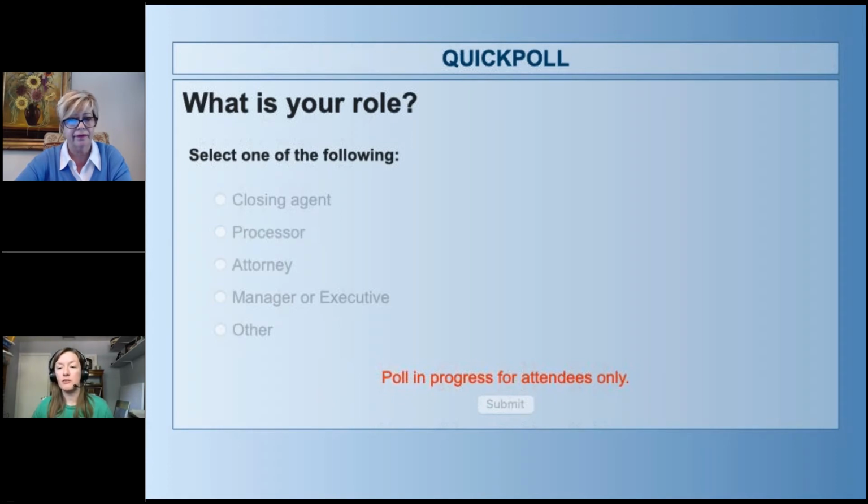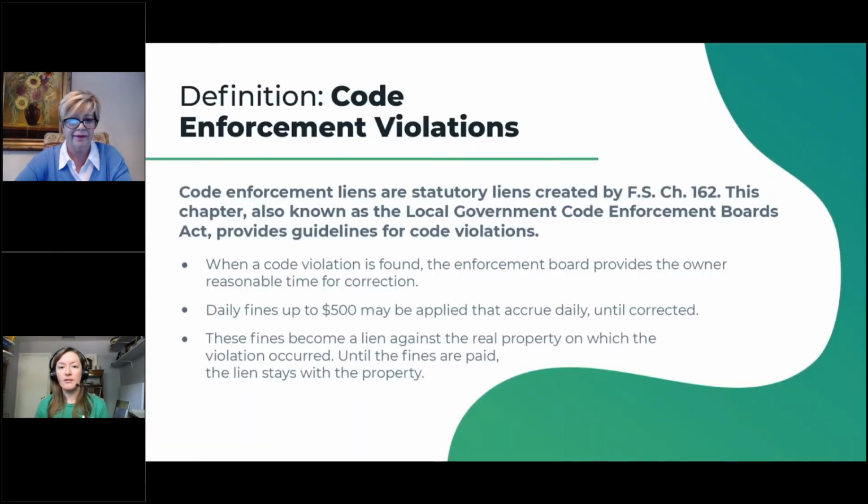Looks like the majority so far, at about 45%, of you are closing agents, followed by managers, 20% other. Be curious to know what that is. 6% are processors and 7 or 8% attorneys. Very good. A good mix, but everyone plays a role in the transaction.